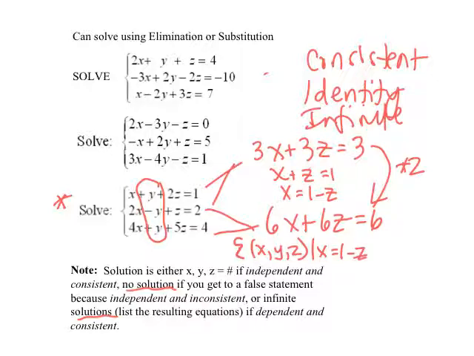And then we have to do the same thing and solve y in terms of z. I can do that by taking one of the three equations originally. So I think I'll take the first one and plug in my x in terms of z. So I'm going to replace this first x with 1 minus z, plus y plus 2z equals 1.